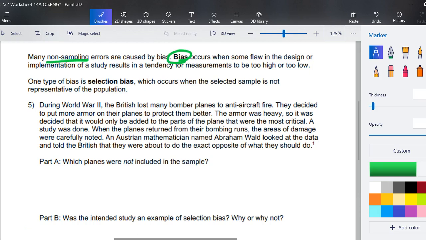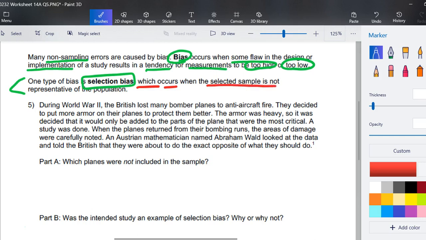Bias occurs when some flaw in the design or some flaw in the implementation of a study results in a tendency for measurements to be too high or too low. One type of bias is called selection bias. Make sure you note the word bias, note the word selection bias, and note that it occurs when the selected sample is not representative of the population.